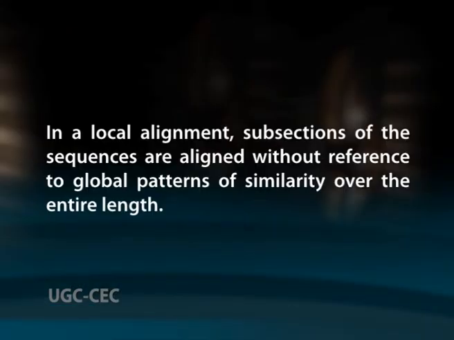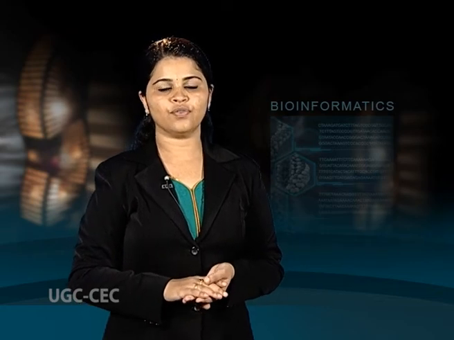In a local alignment, subsections of the sequences are aligned without reference to global patterns of similarity over the entire length. Local alignment allows the alignment program to align regions separately regardless of overall order within the sequence length. Figure 8 shows an illustration of global and local alignment of sequences that are not sufficiently similar but share common regions.